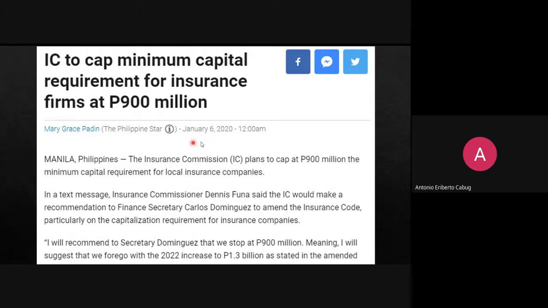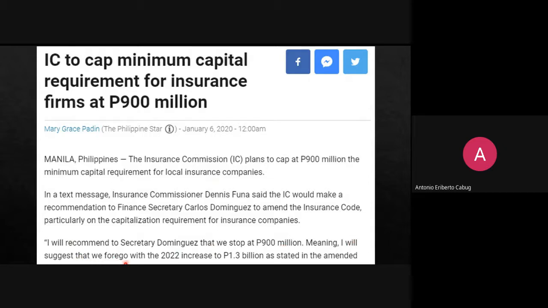Last January 6, the Insurance Commission plans to cap the 900 million pesos for local insurance companies. According to Dennis Funa, who is going to report to Secretary Dominguez of the Department of Finance, I will recommend to Secretary Dominguez that we stop at 900 million pesos.